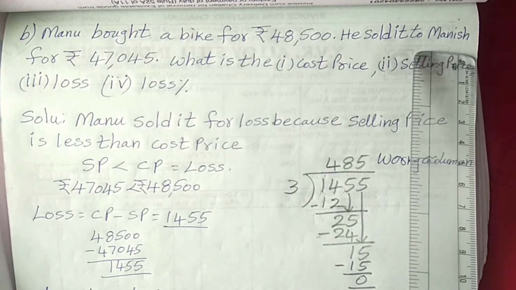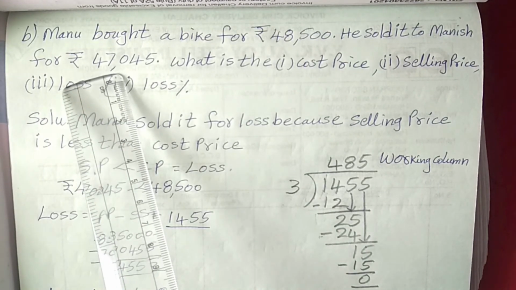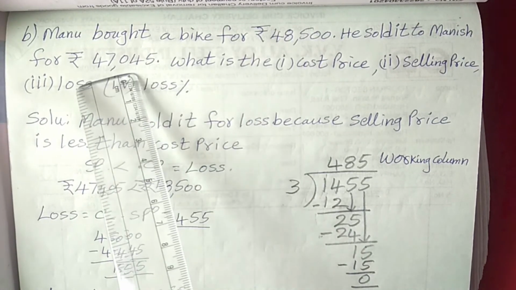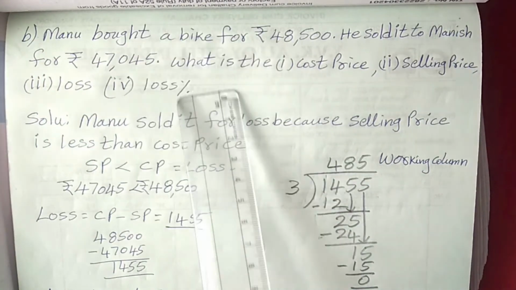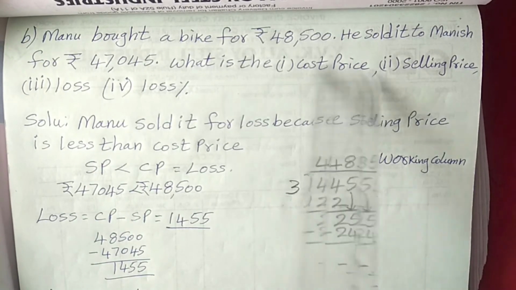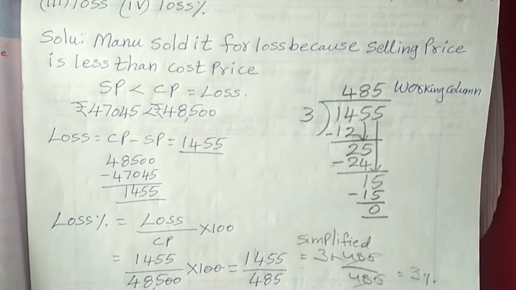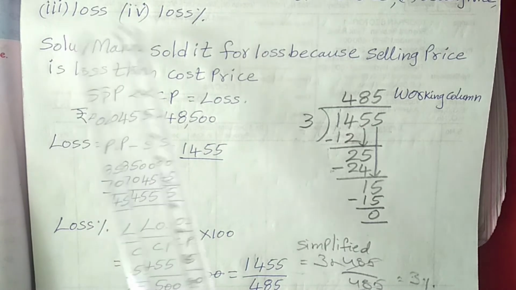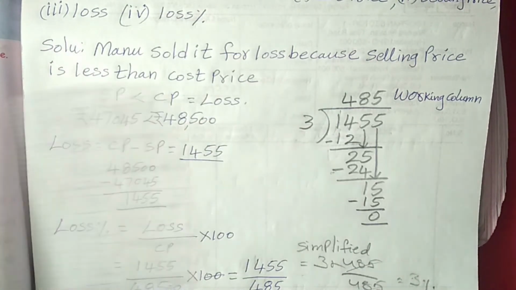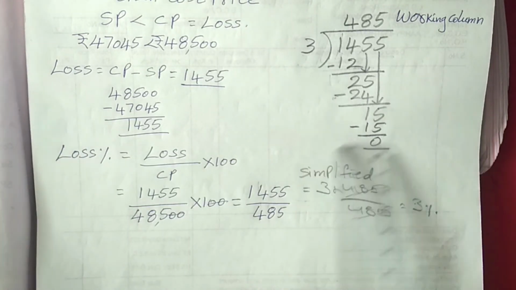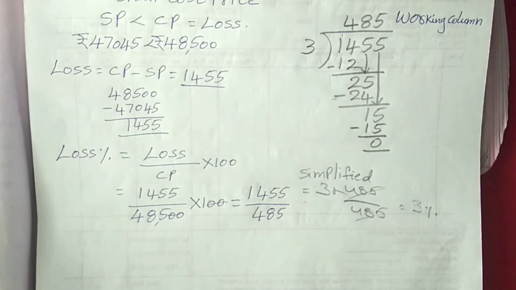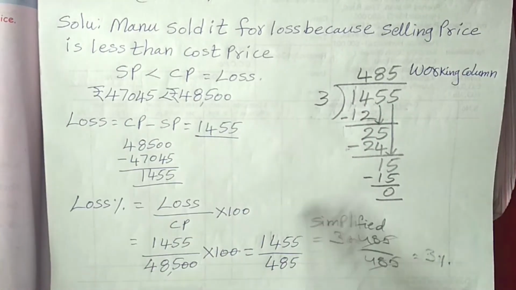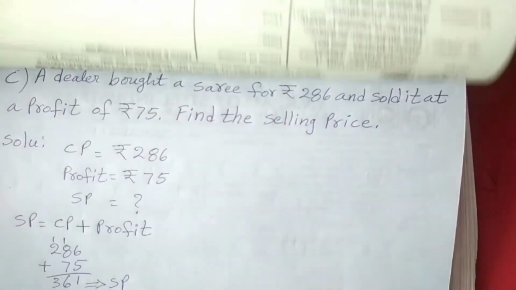He sold it to Manish for 47,045 rupees. What is the cost price, selling price, loss and loss percentage? So this sum you do on your own, the same as the example of A bit. There we found the profit and profit percentage, and here we have to find the loss and loss percentage. Okay, you do it on your own. Now C bit.